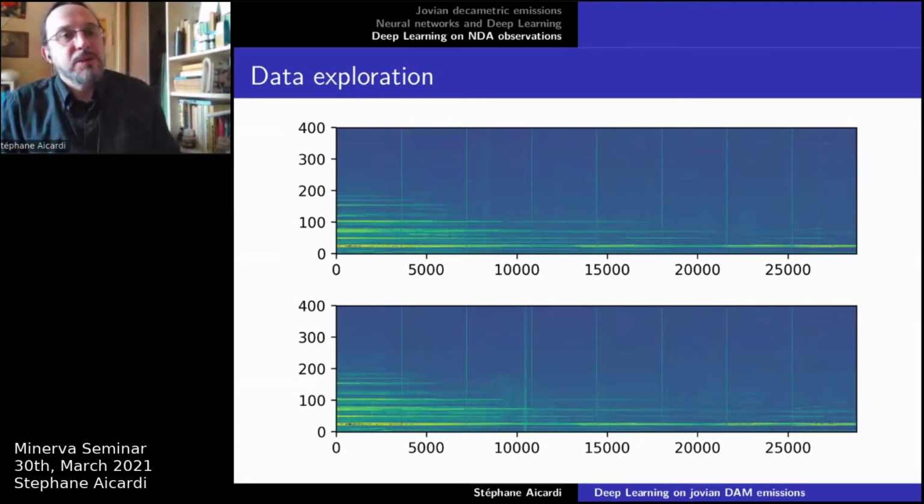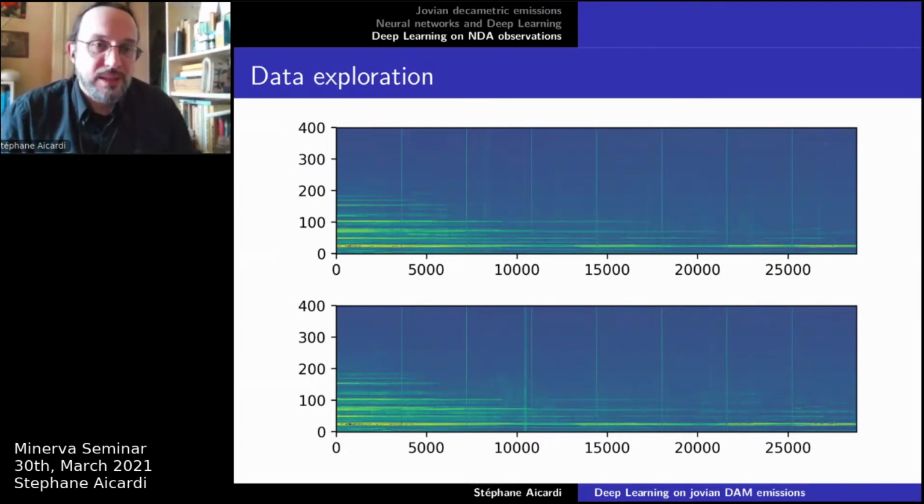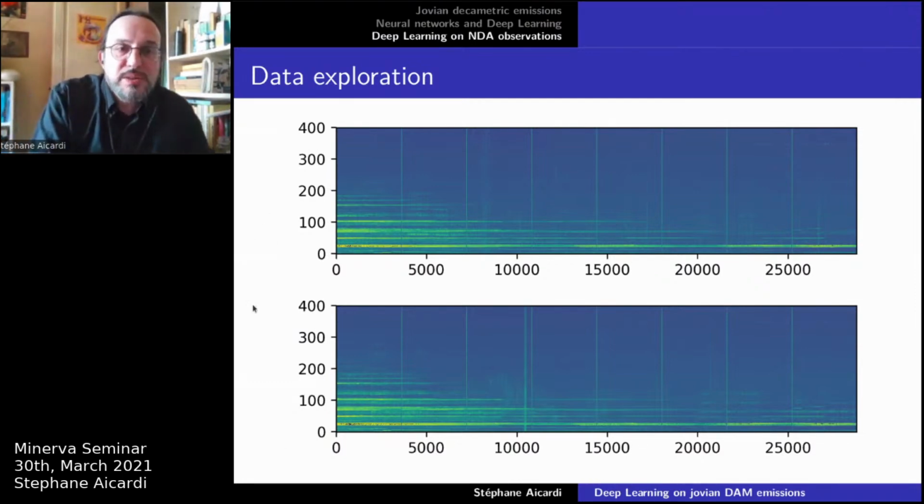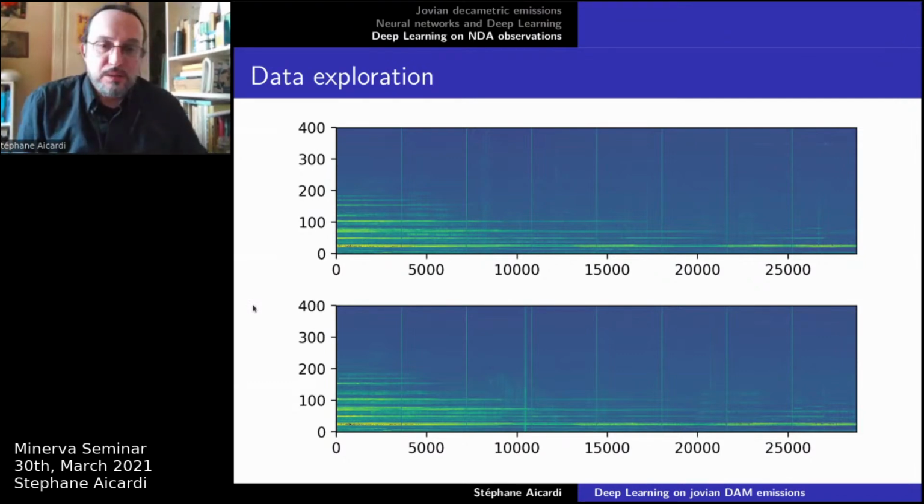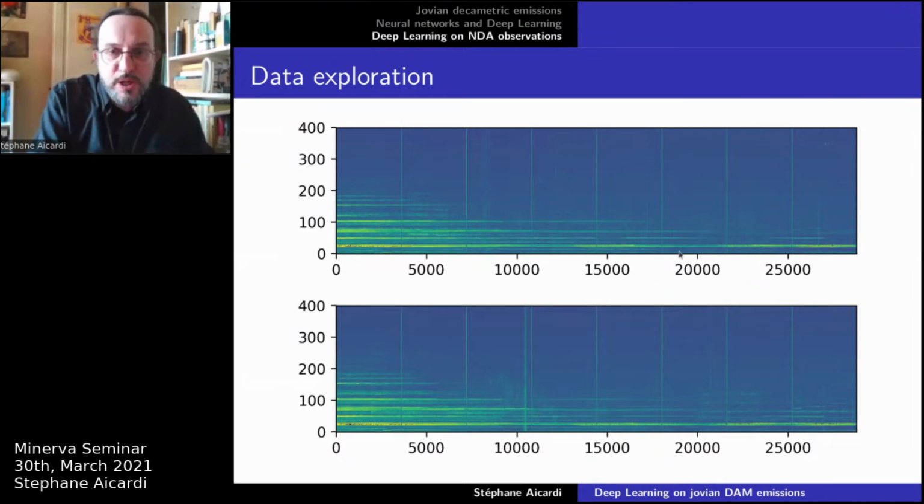So now I will talk about what I tried to do with the decametric emissions of Jupiter. First, let me show the data without any treatment, as they come from the receiver. So we see about nothing except those stripes here, those stripes here, and there it is.